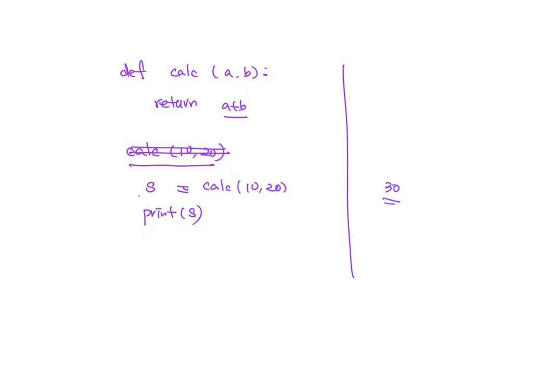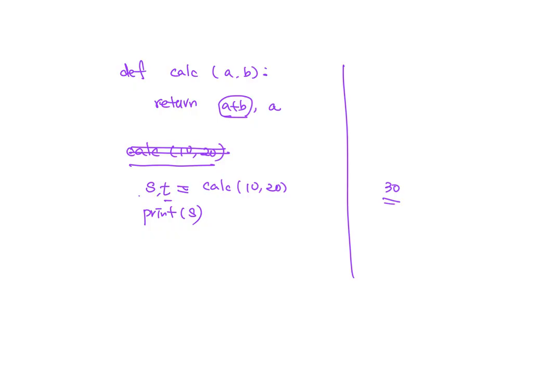If you want to return multiple values, you need to separate them with a comma. Then, on the left-hand side of the equality, you may have two variables, say S and T. The S variable will receive the value of A plus B, and the next variable will receive the next returned value.